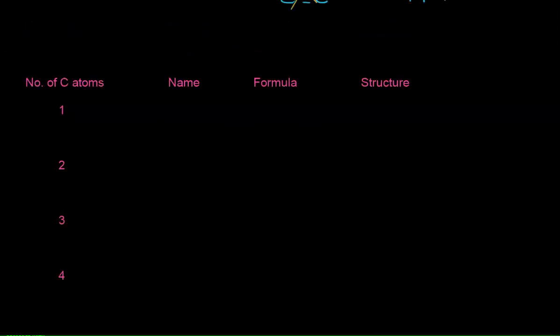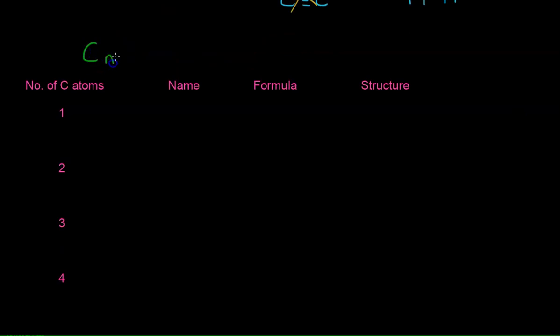So, number of carbons. Remember our general formula is CnH2n+2, correct? So let's try substituting in. This is a bit of mathematics. If the number of carbon is 1, so it's C, you don't write the 1, H, 1 times 2 is 2, plus 2, 4. Let's try number 2. If now my C is 2, C2, H, 2 times 2 is 4, plus 2, 6.